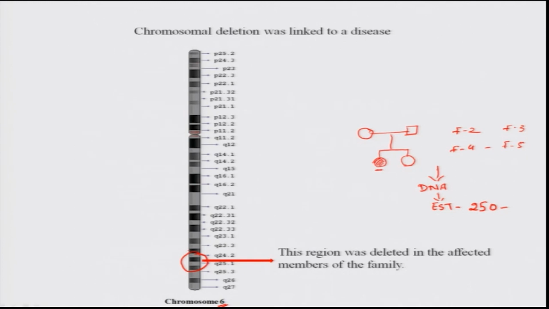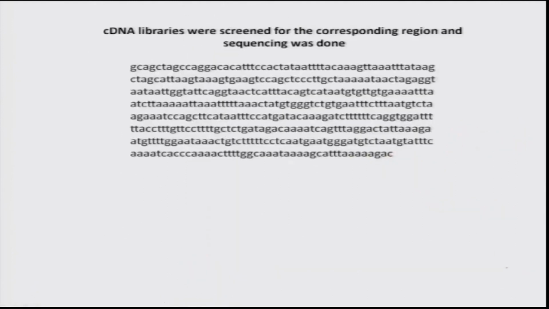Using this EST, they design a small probe and then screen cDNA libraries. They align them as they screen many libraries, and sequence them. Sequencing has already been taught, and there are various ways by which you can sequence, and then you arrive at a sequence.